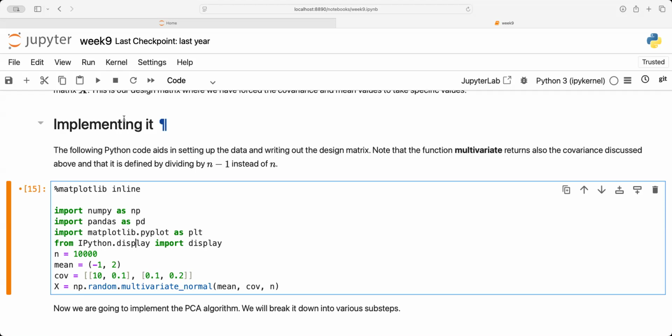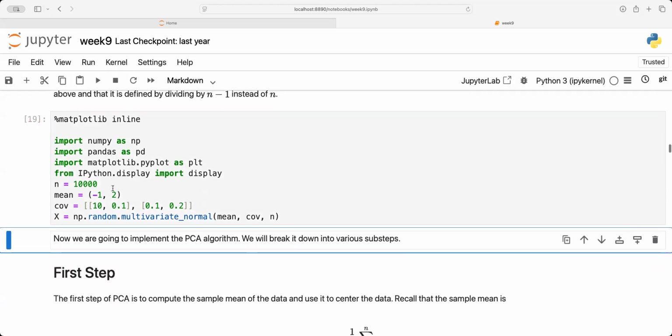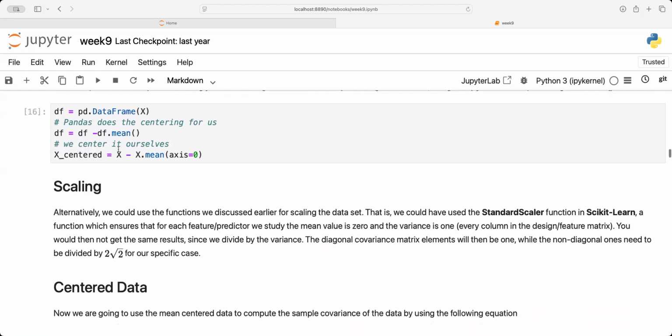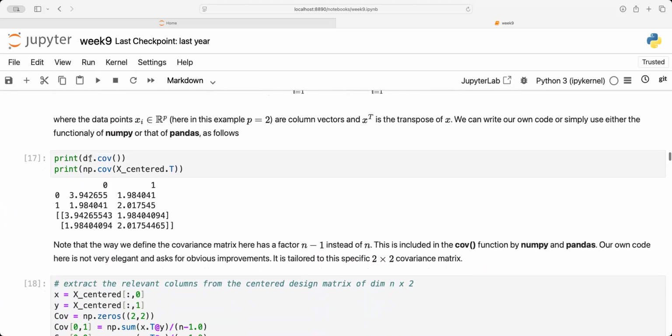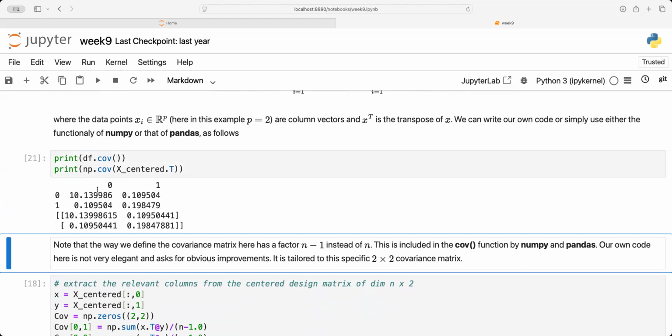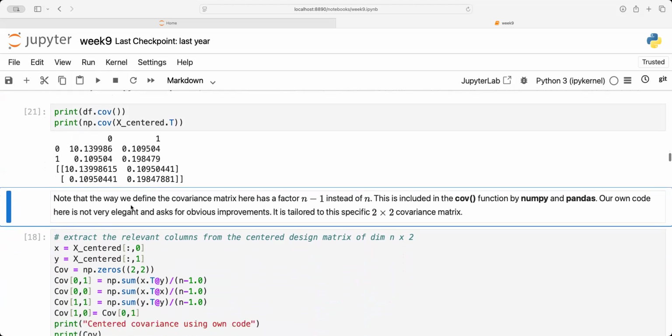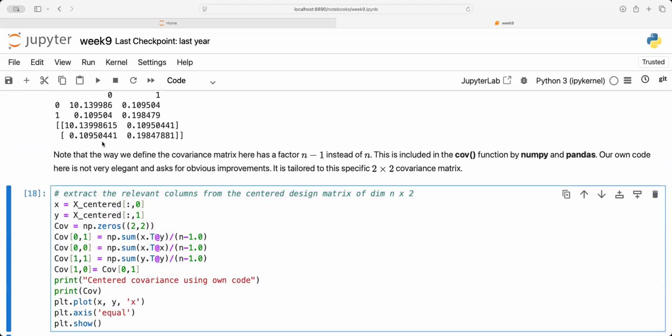So let's do that and see what we get then. So we now center it, setting up the same matrix as before. We calculate the covariance matrix, and you see now instead of 10, I have 10 point something. I don't get exactly 0.1, I don't get exactly 0.2, but this is the matrix I want to look at now. And now I plot these 10,000 points for the two vectors.